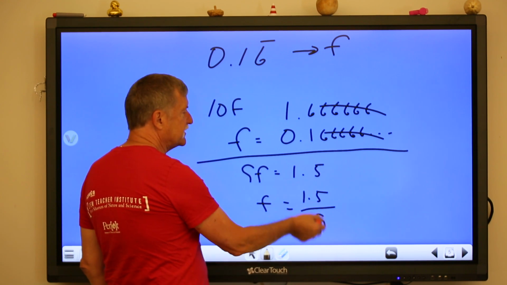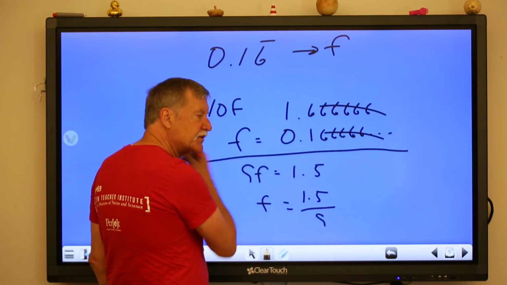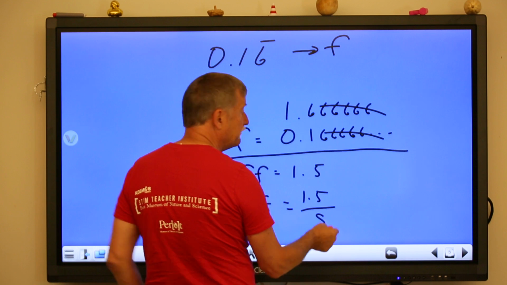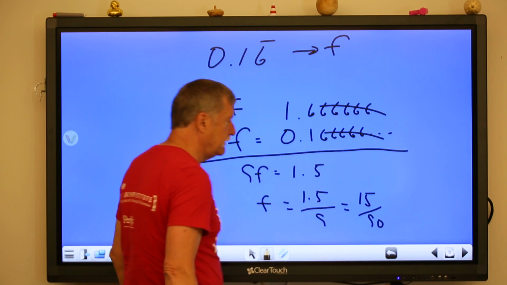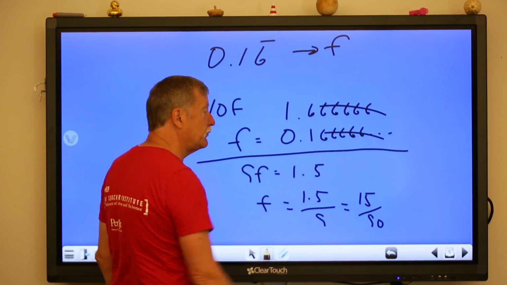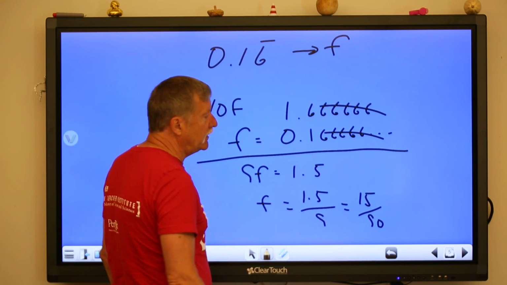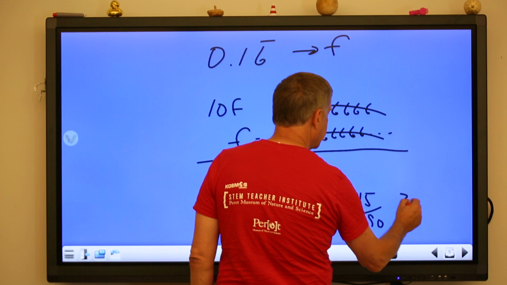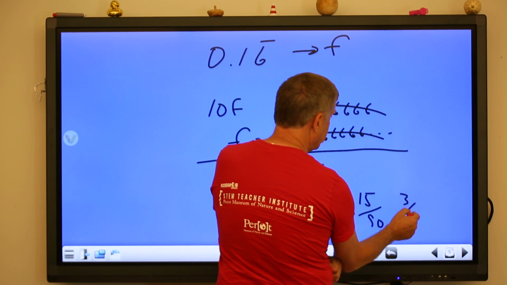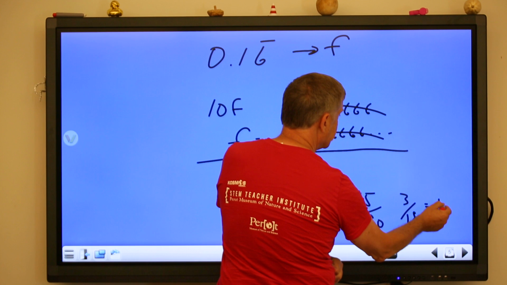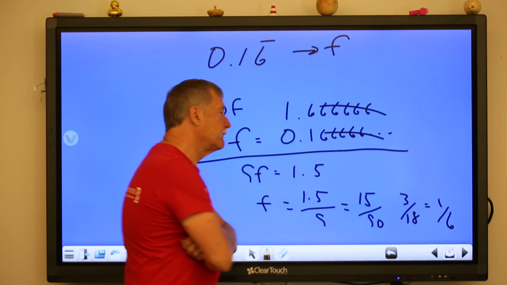Well, you got a decimal over a whole number, so you don't want to do that. I can multiply top and bottom by 10 and get 15 over 90. Right? All I did was move the decimal points over to get rid of the decimal. Divide by 5, you get 3 over 18, which equals 1/6.